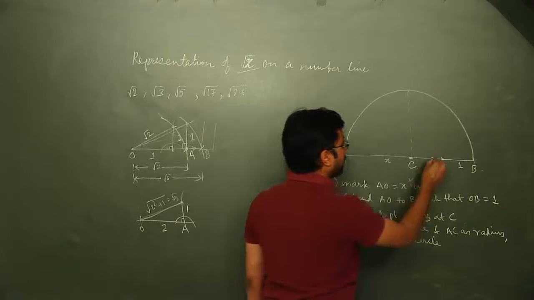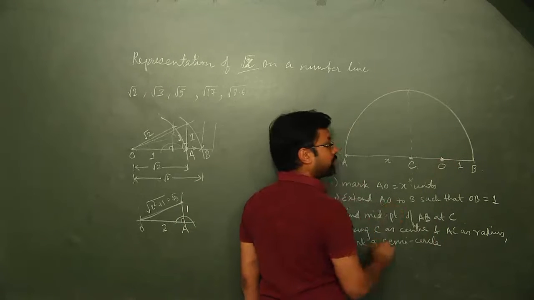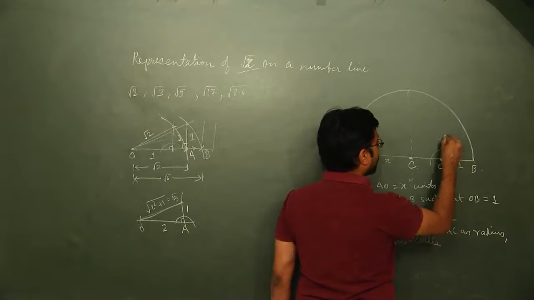After the semicircle, from the point O that you had located earlier, you draw a perpendicular.